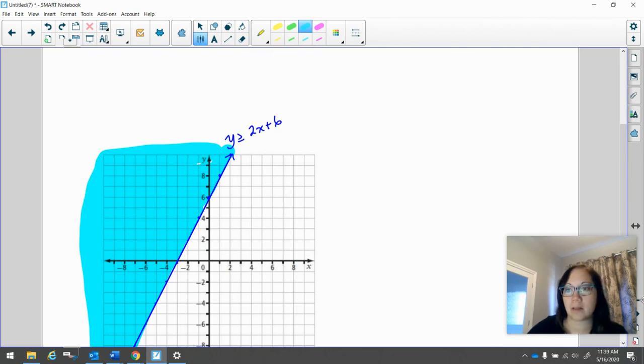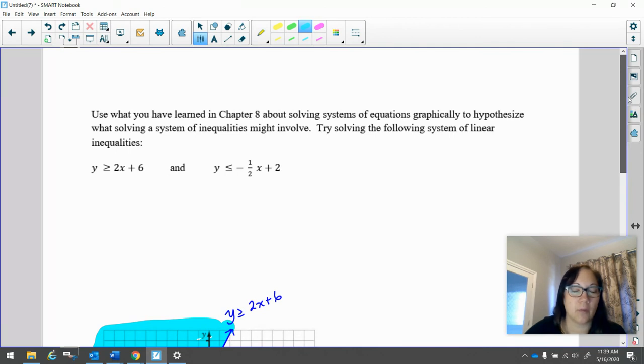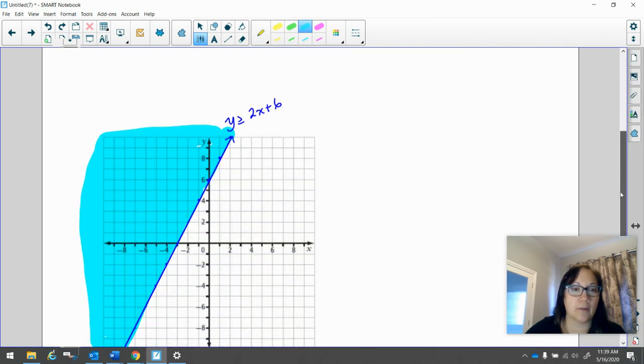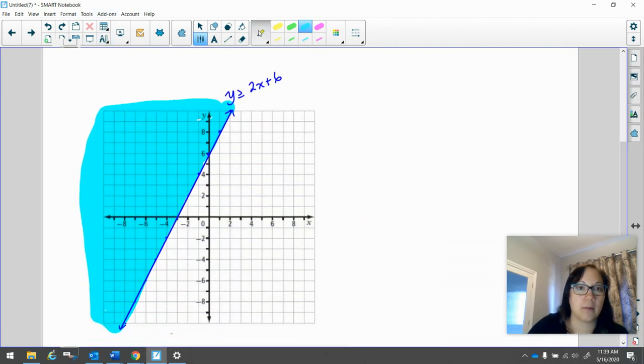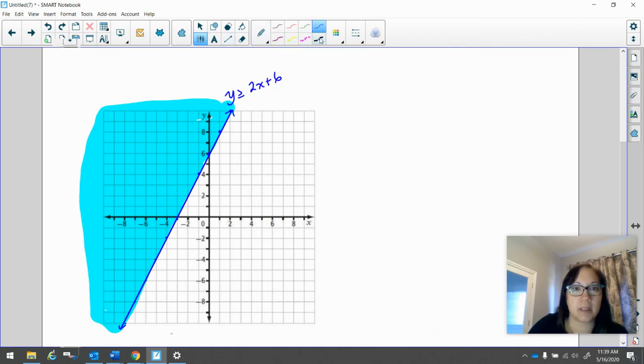Okay, so let's scroll up here. Take a look at our next line. It's got a y-intercept of 2 and a slope of -1/2. I'm going to do that one in yellow would be my preference, but it's really hard to see, so I'm just going to do it in red. So the y-intercept was 2, and the slope was -1/2.